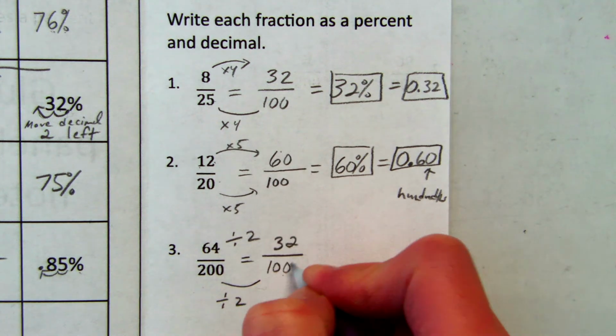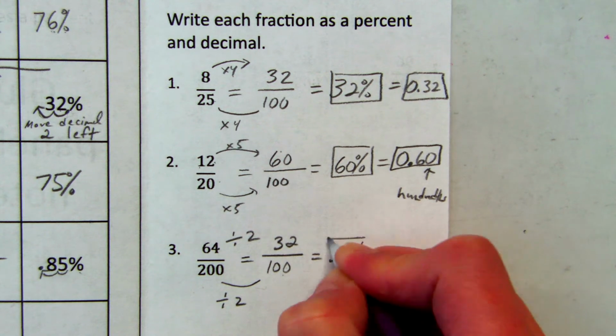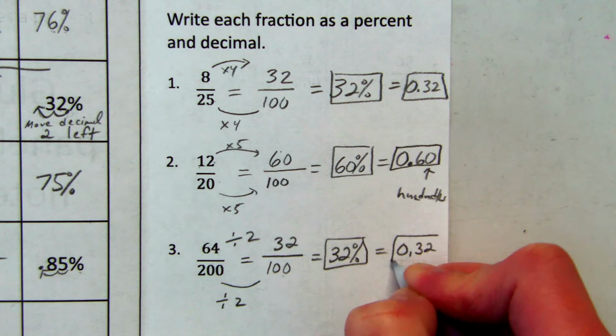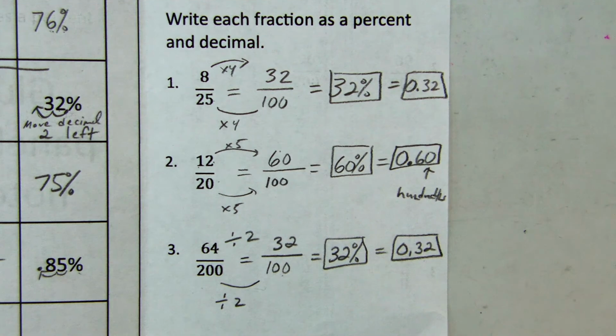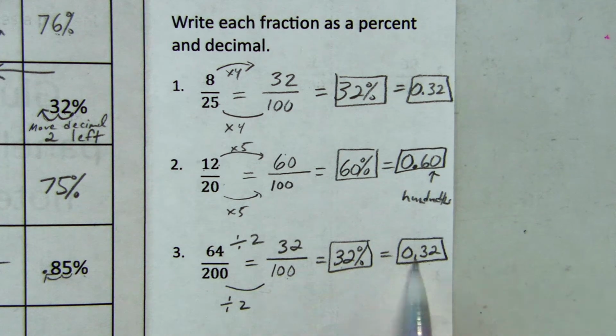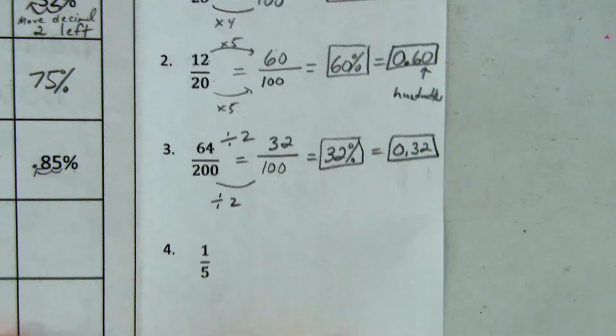So we have 32 hundredths, and then that tells me it's 32% and 0.32. This has a lot of repetition, except this one was a little different where we had to divide. Just remember when we're doing percents and decimals, getting that 100 in the bottom is key.